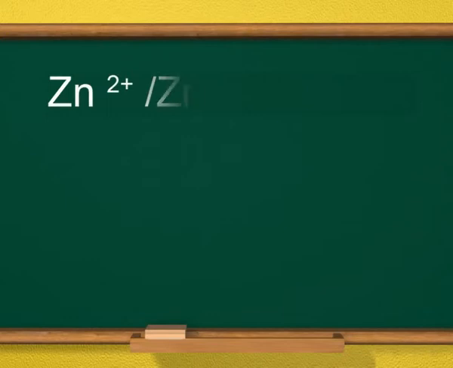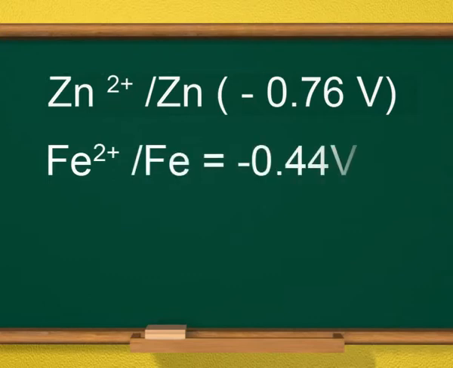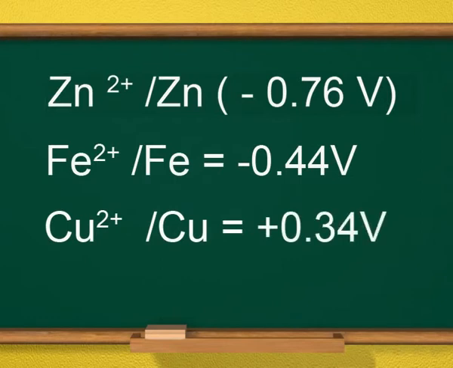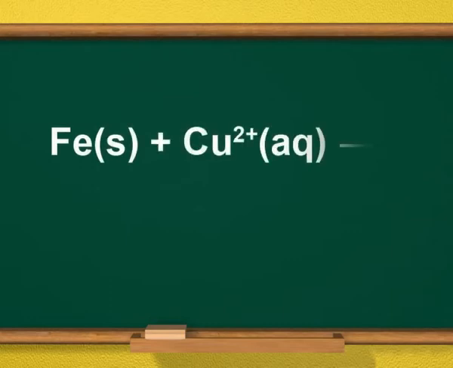The answer is, the standard reduction potential of zinc or iron is lower than that of copper, and hence both zinc and iron can displace copper from solutions of copper ion. Although zinc is a stronger reducing agent than iron, yet iron scrap is chiefly used in hydrometallurgy of copper because it is much cheaper than zinc.